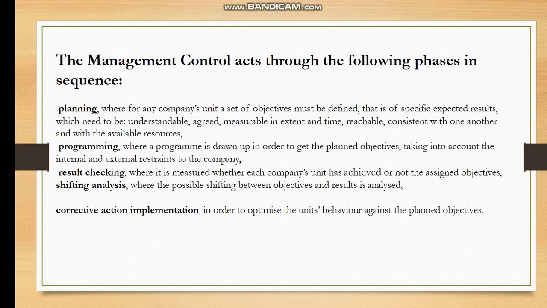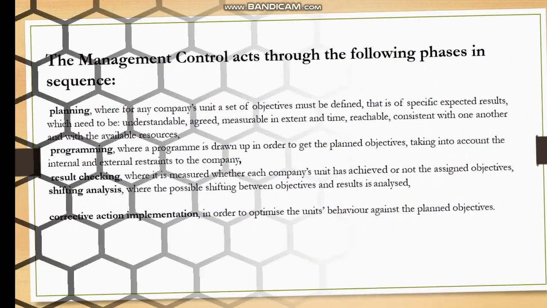Management control acts through the following phases. It helps us when you are planning, when you are programming things, when you are checking the results, shifting analysis, and also when you are taking corrective action implementation.